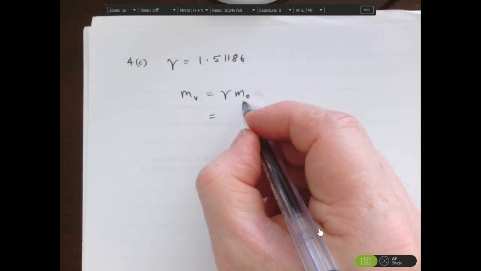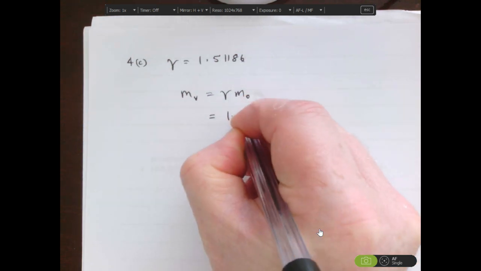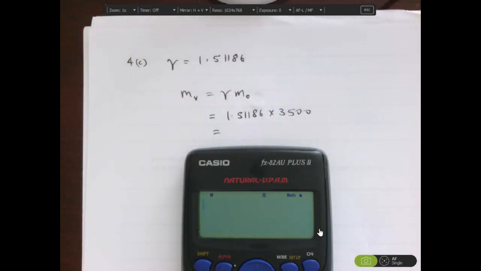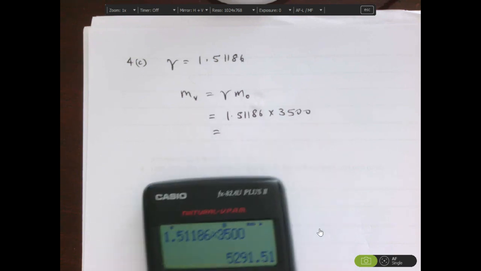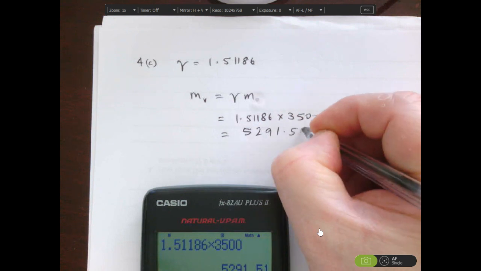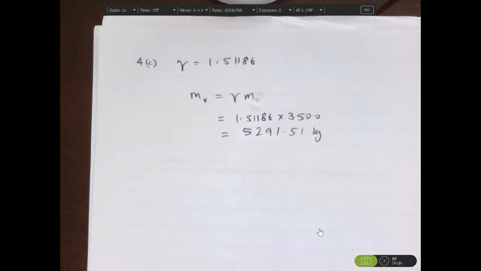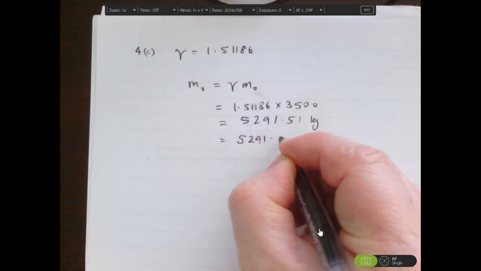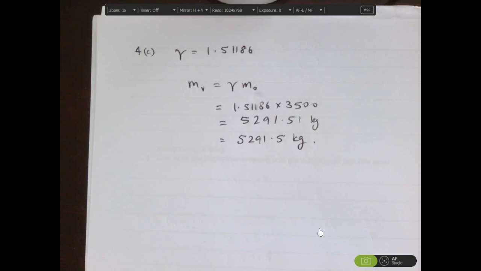So it's just the rest mass multiplied by gamma. So it's 1.51186 times 3500, and it's 5,291.51 kilograms. Or we'll just round that to 5,291.5 kilograms. Okay, a very simple calculation there.